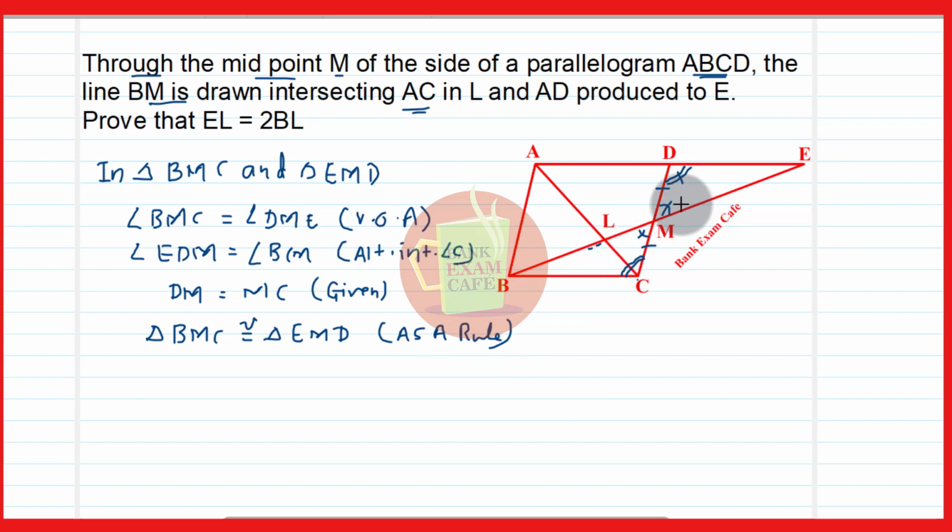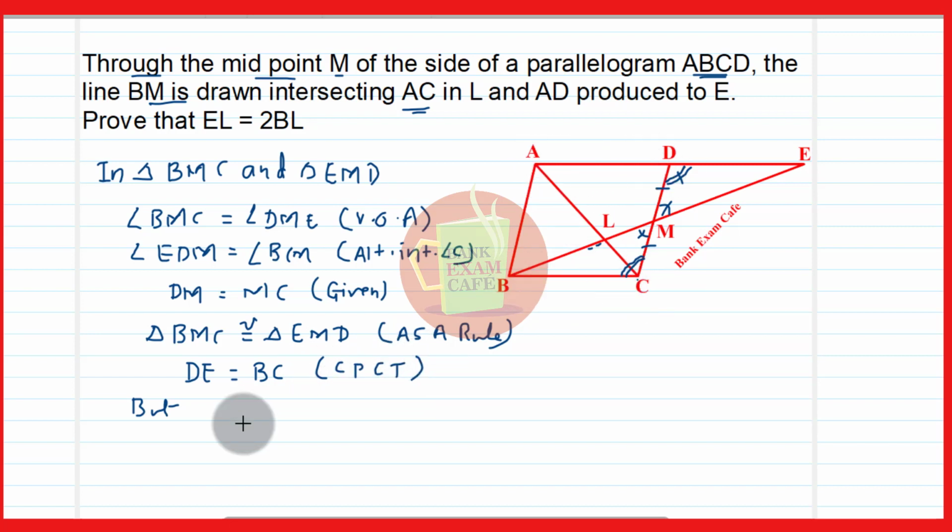So these two triangles are congruent. It means their corresponding parts are also equal, and so DE will be equal to BC. But we know that ABCD is a parallelogram. Here you will write the reason as CPCT, corresponding parts of congruent triangles.